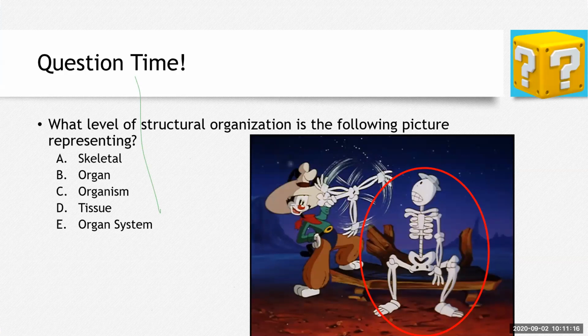But if you have all those working together, the skull, femur, ulna, radius, then you have the organ system, which is the skeleton. This is the skeleton. And if the skeletal system works with the muscular system, the nervous system, and so on, then you have the organism, the complete individual. Oh, okay, I get it now. Thank you. So this is just the organ system.